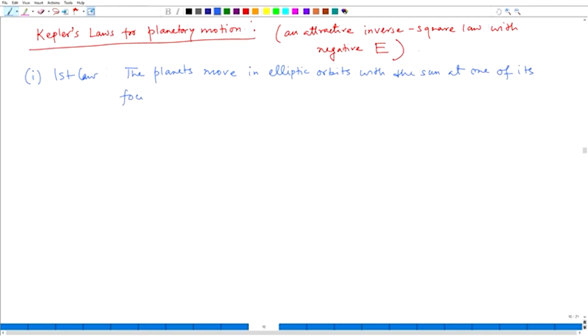There are 2 focal points of an ellipse, and so the point is that the first law simply said that if a planet moves in an elliptic orbit, let us say like this, then the sun should be here. So, that was his law.